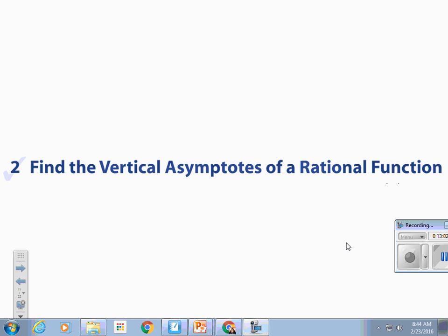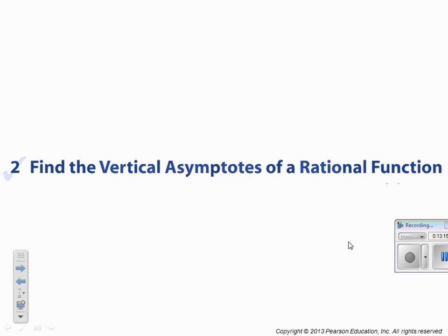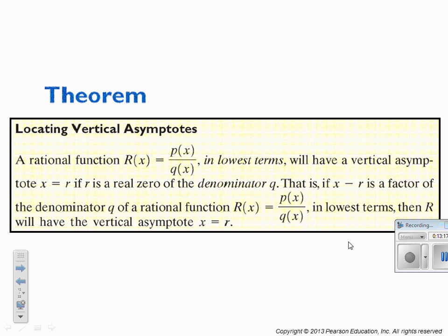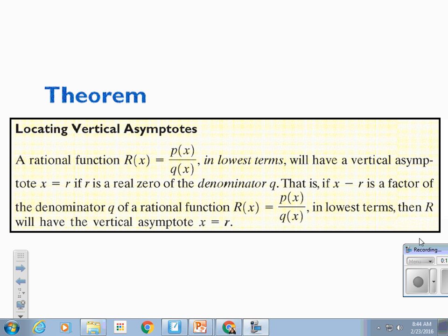Okay, so now we're going to find vertical asymptotes of a rational function. Now we know what they look like and what the graph does. To find a vertical asymptote, we make sure our rational function is in lowest terms. It will have a vertical asymptote at x equals r if r is a real zero of the denominator.